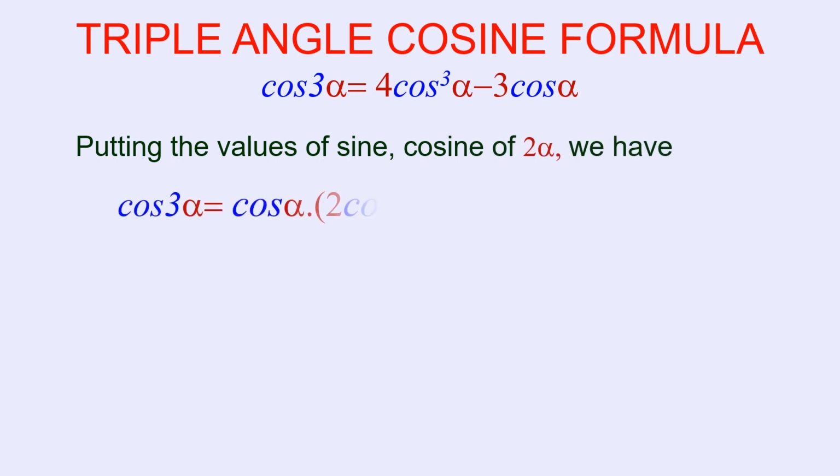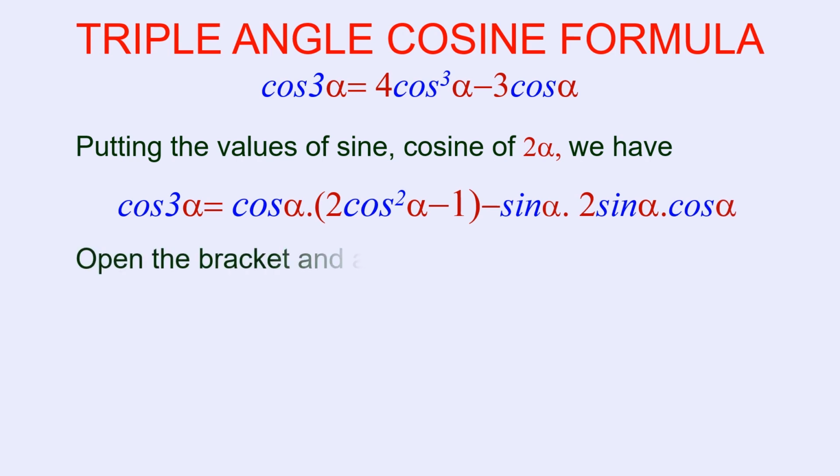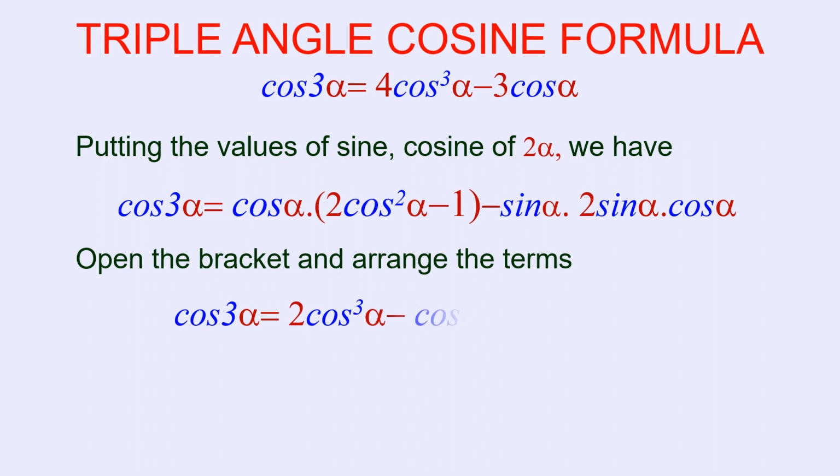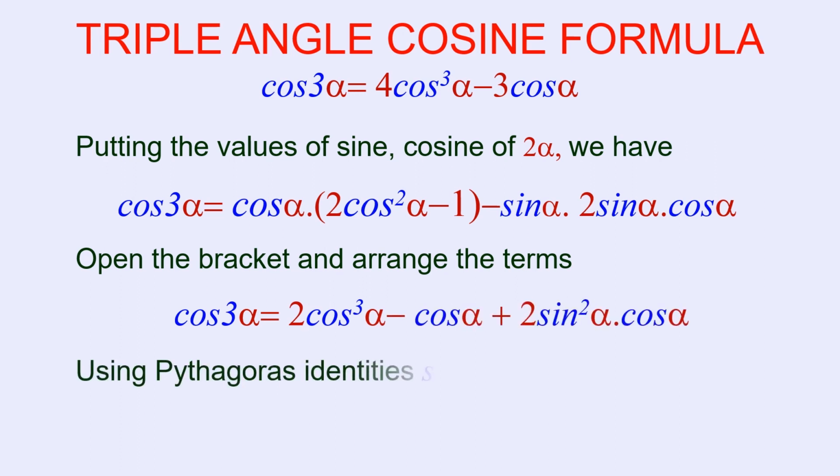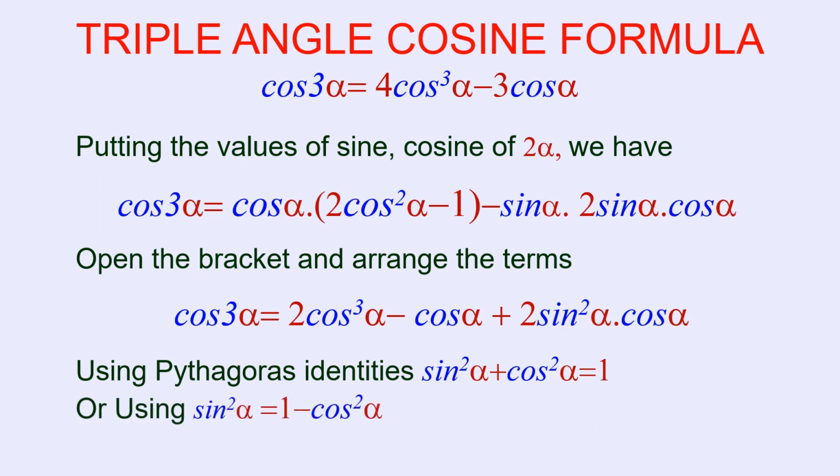Putting the values of sine and cosine of 2 alpha, and opening the bracket, after arranging the terms we get cosine of 3 alpha equals 2 times cos cubed alpha minus cosine of alpha plus 2 times sine squared alpha into cosine of alpha.